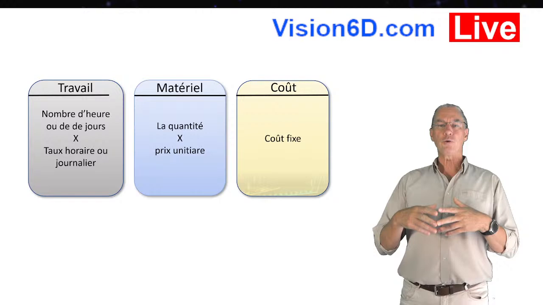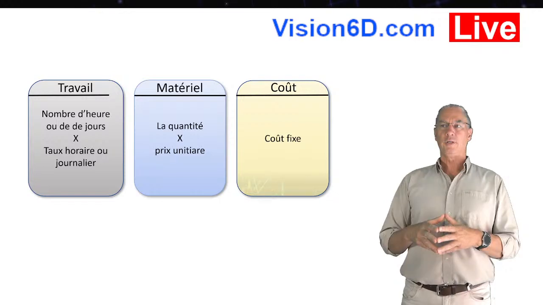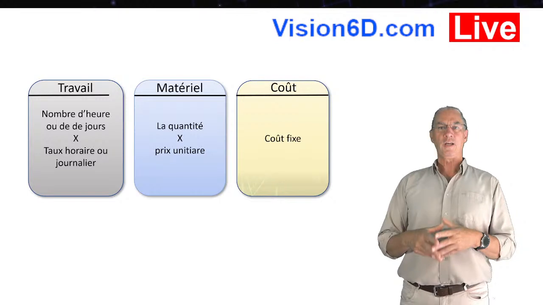Now, after the material, there is the cost. The cost resource is a type of resource where you just want to have the costs. For example, in a project like a CRM project, we need consultants.